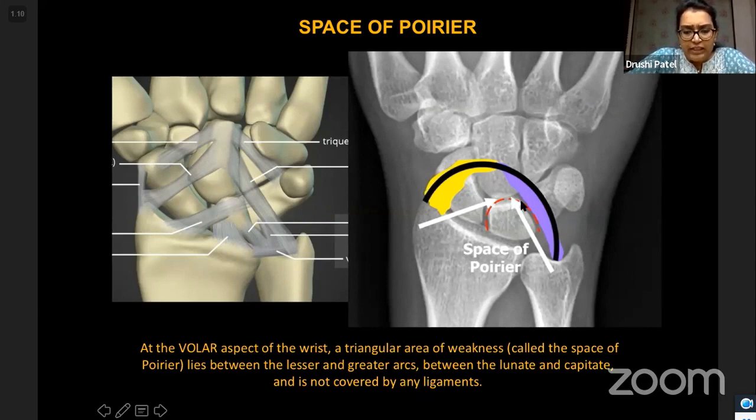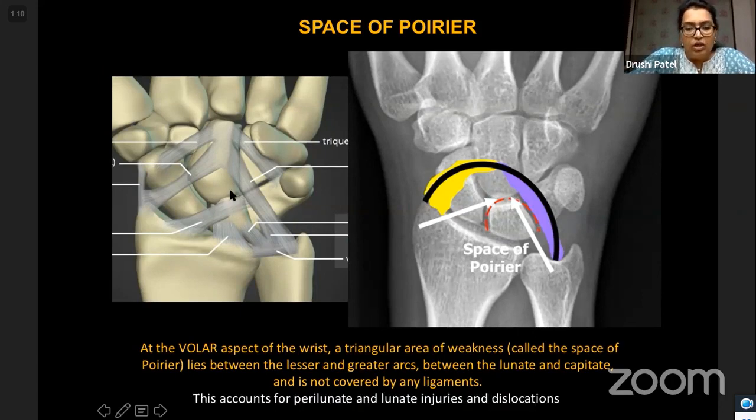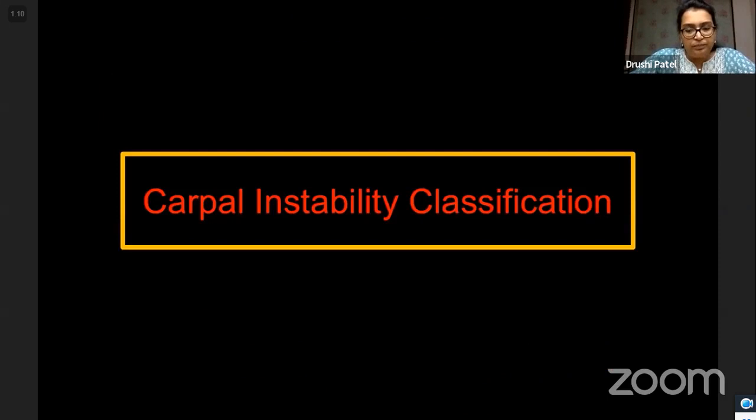This is a potential space of weakness, that when these ligaments rupture, the instability occurs in this region. So it is this space that widens and results in perilunate instability and lunate dislocations.